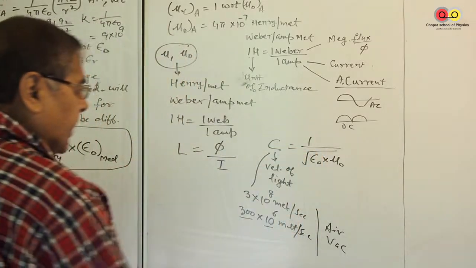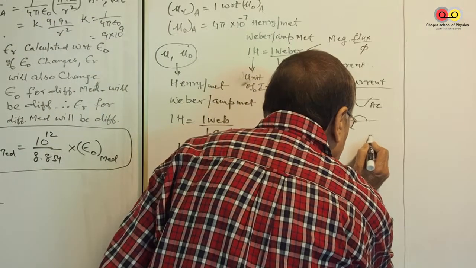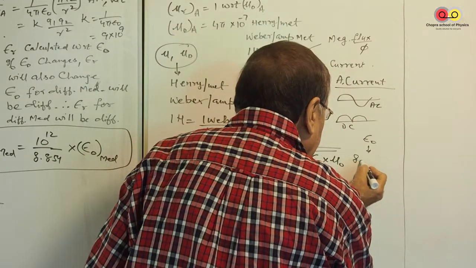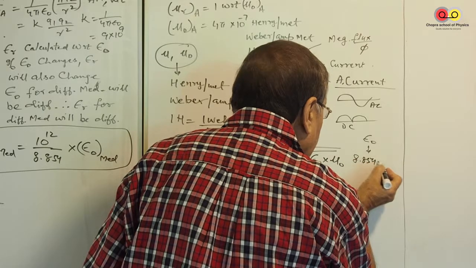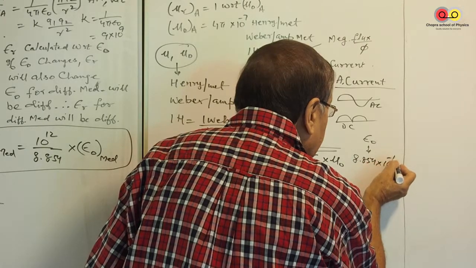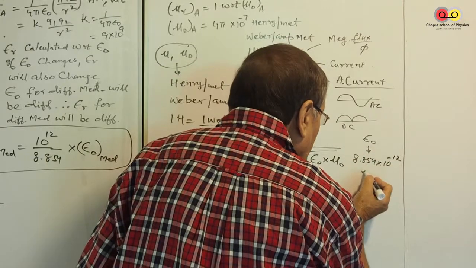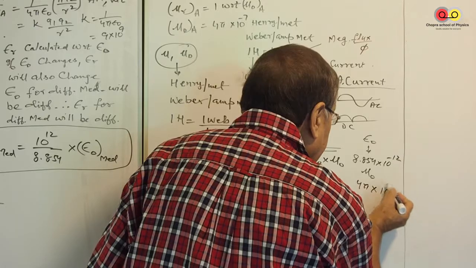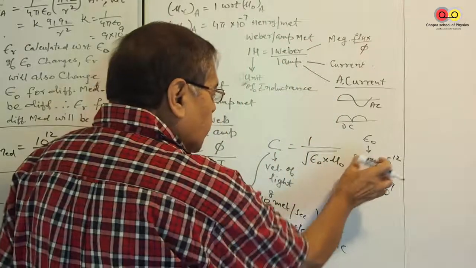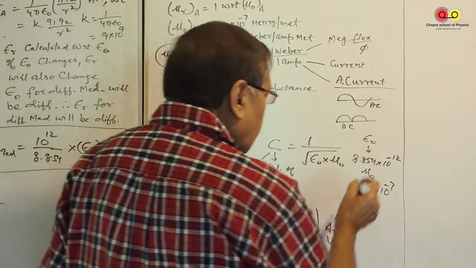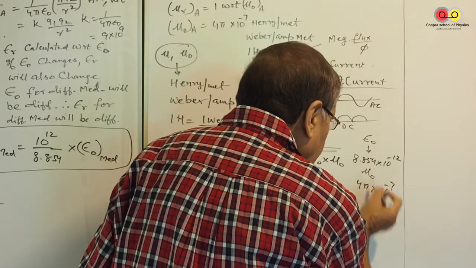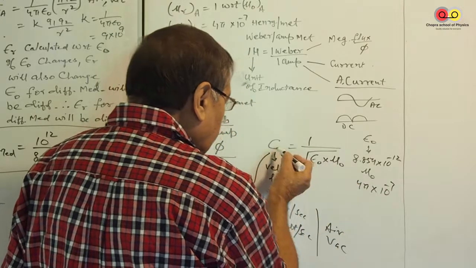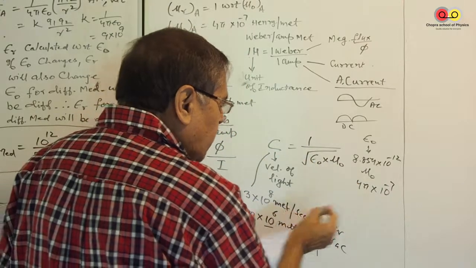That is, if you take epsilon naught as 8.854 10 to the power minus 12 and mu naught as 4 pi 10 to the power minus 7, if you take both the values here, you will get this particular number.